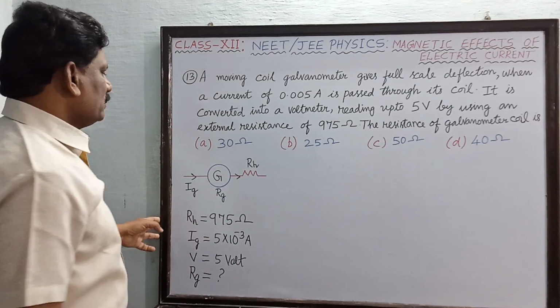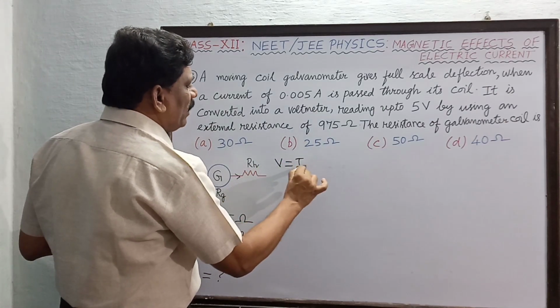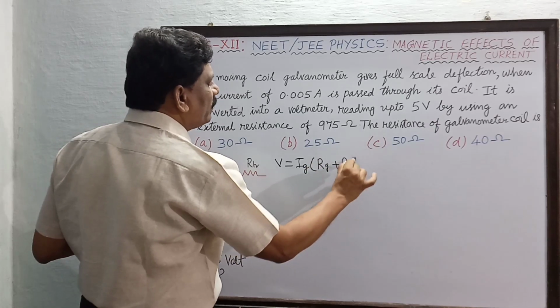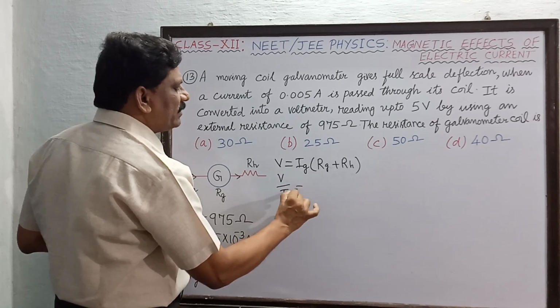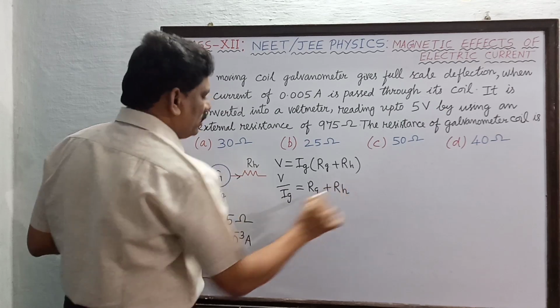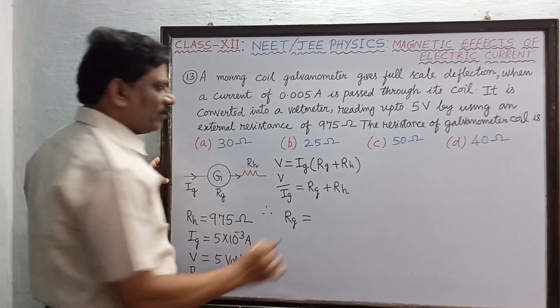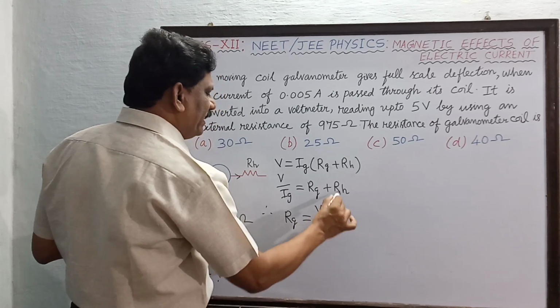Now you see here V is equal to Ig into Rg plus RH. So V by Ig is equal to Rg plus RH. Therefore, the resistance of the galvanometer Rg alone is equal to V divided by Ig minus RH.